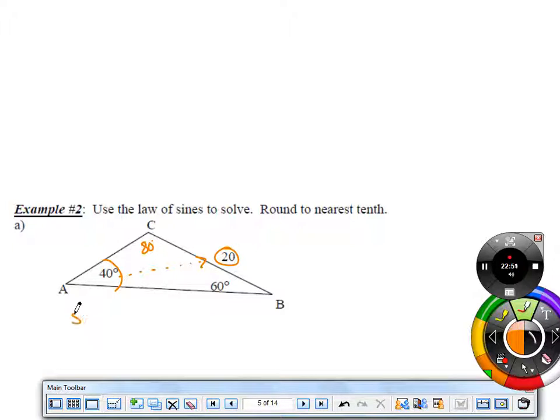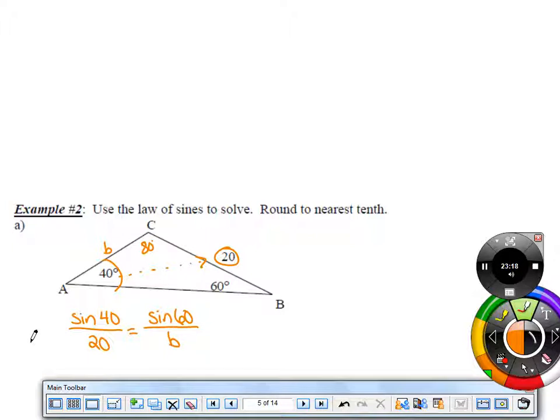So I know in this triangle that the sine of 40 degrees divided by the side length of 20 is equal to the sine of any other angle in this triangle divided by the side length that's across from it. So I could set it equal to the sine of 60 divided by, I'll call that B because it's across from angle B, and that will help me keep it straight.